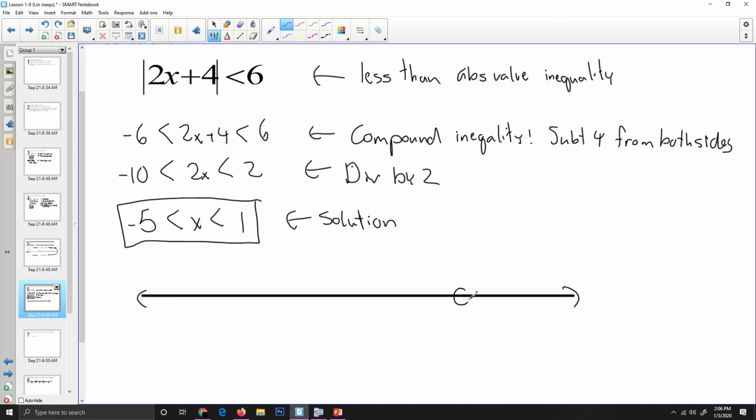One way we could do it is we could put an open circle there at 1 and an open circle there at negative 5 and say we're going to use these values here. And if you don't like that, you can use what almost looks like interval notation. Instead of an open circle, we can use a parenthesis on both sides at 1 and negative 5 and all of the values inside that are included. So that's one way to do it.